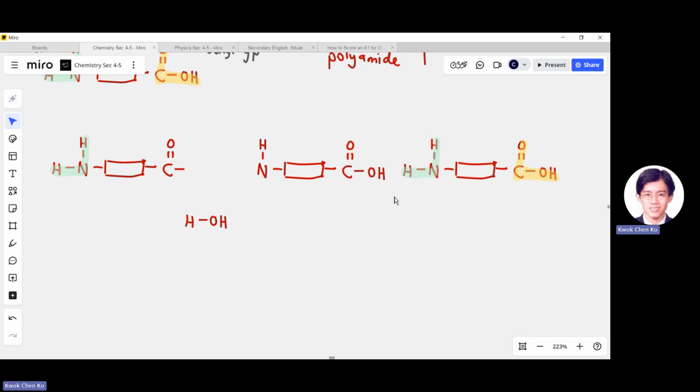Okay, continue. OH comes out from the carboxy group. From the amino group, H comes out. Yeah, I hope you see the same pattern occurring. Water condenses now.